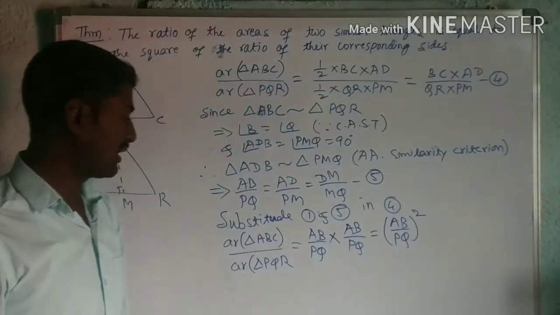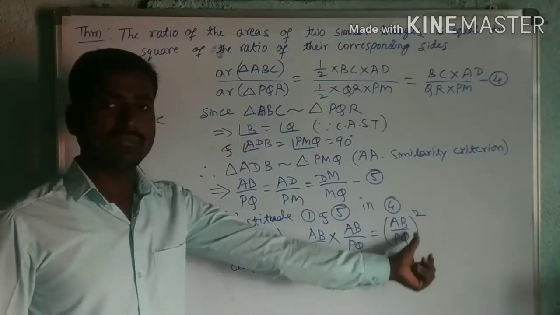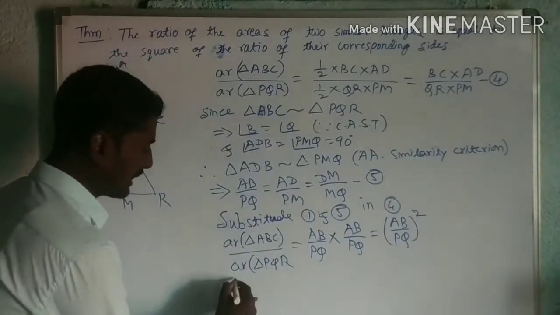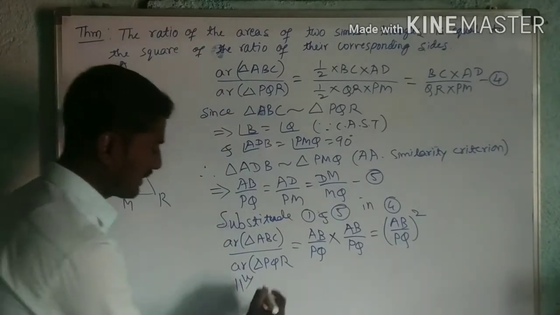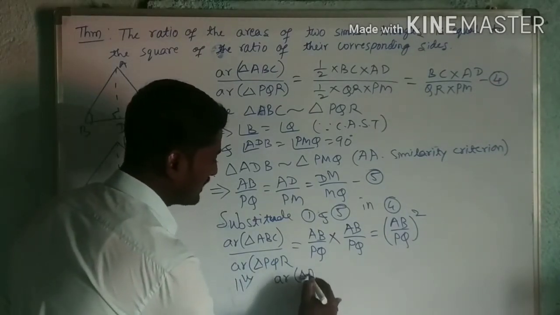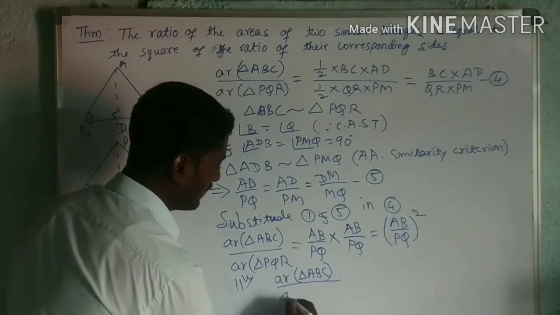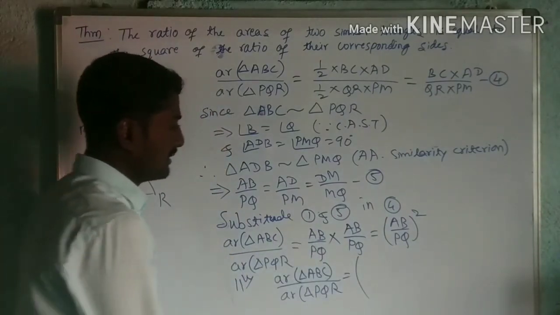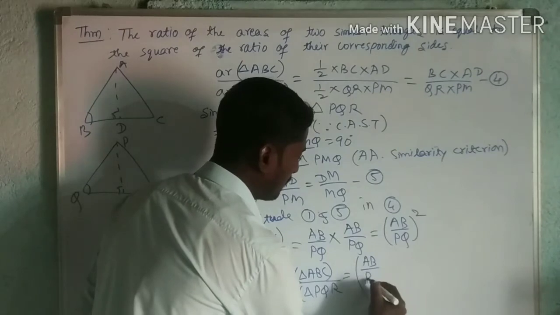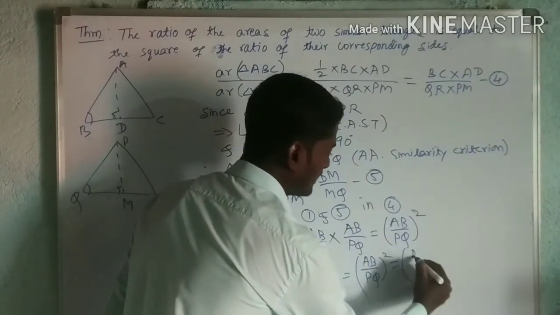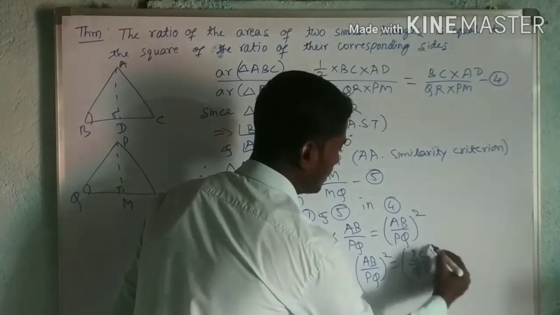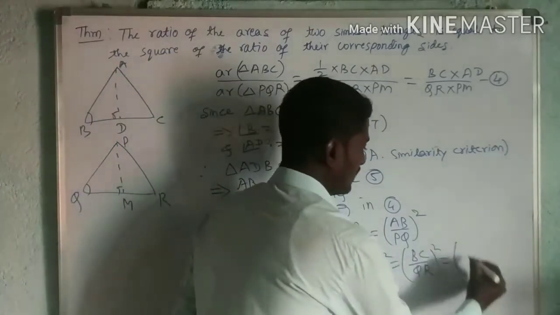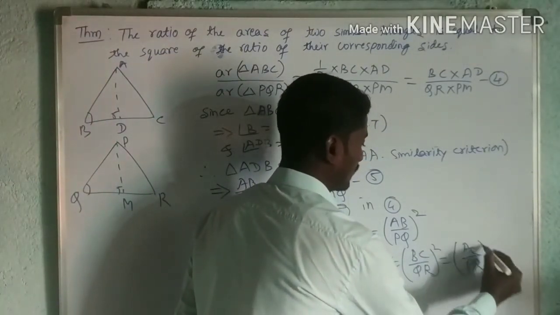Now I got the square of only one side. You can get the other two sides also. I will write it directly. Similarly, area of triangle ABC divided by area of triangle PQR is equal to AB divided by PQ whole square, is equal to BC divided by QR whole square, is equal to AC divided by PR whole square.